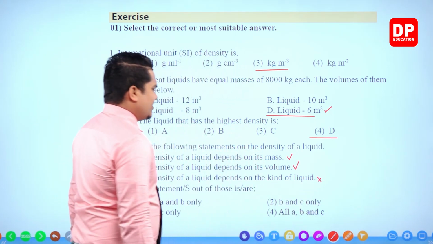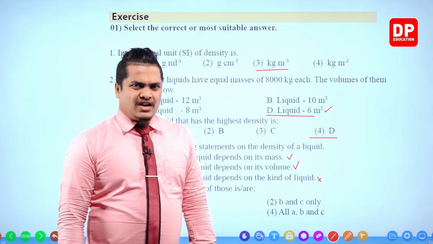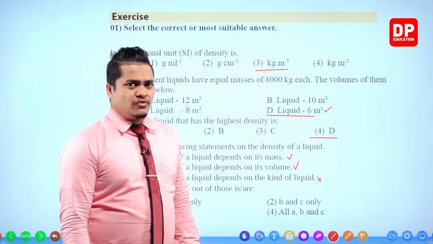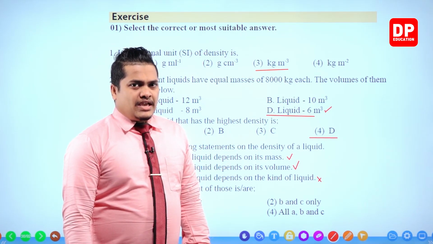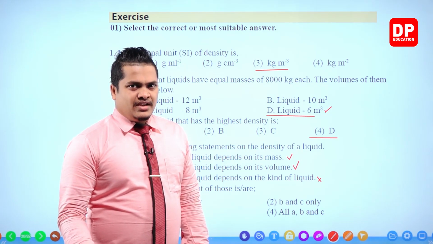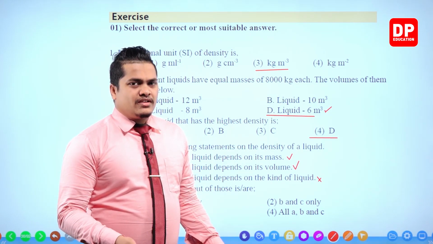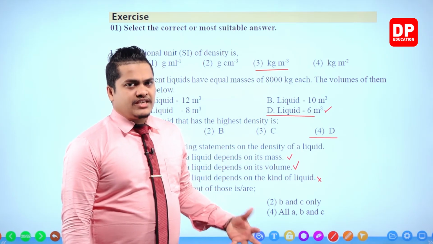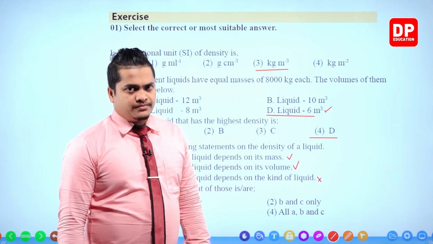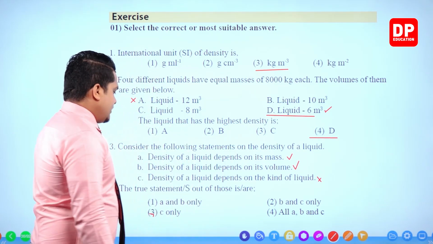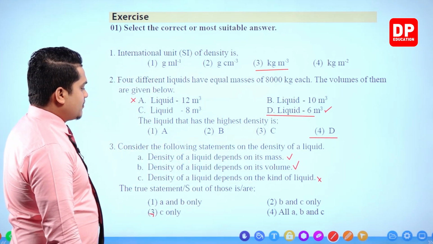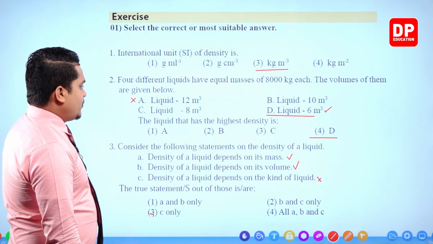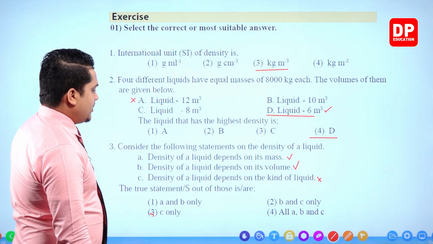It does not depend on the kind of liquid; kind means the particular type of liquid, which matters only because of its changing mass and volume. So the true statements are, very obviously, A and B only.